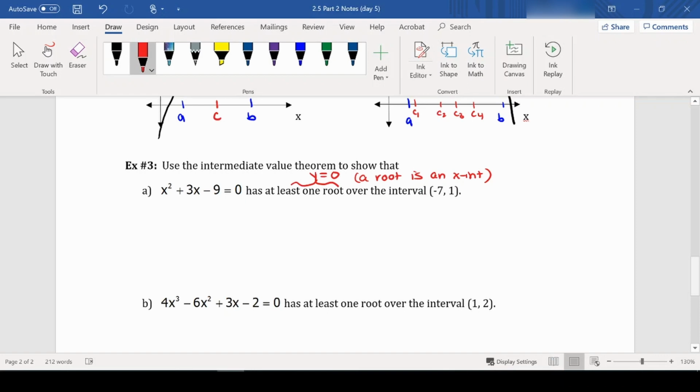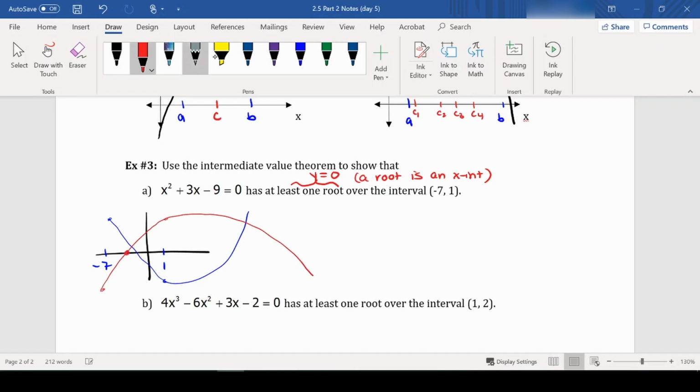Well, the only way we know that that's going to be true is if this quadratic either starts, if we're over at -7 and at 1, right? This quadratic would either have to start above the axis and end below the axis for us to guarantee that it crosses somewhere, or it would have to start below and end above for us to guarantee that it crosses somewhere, right?